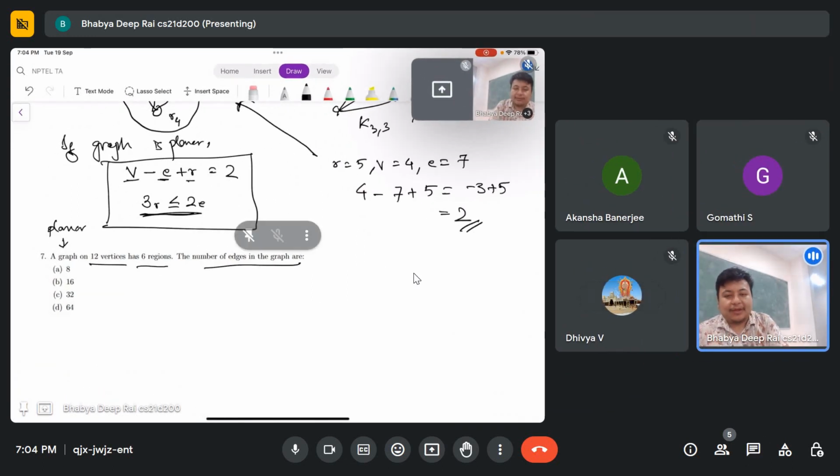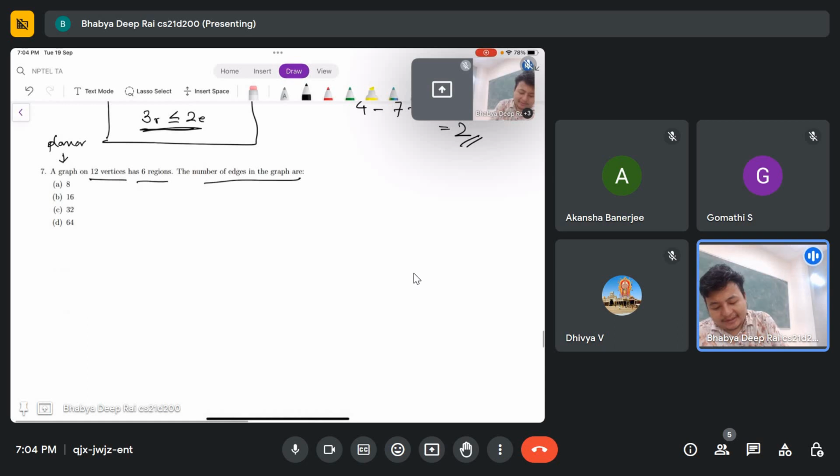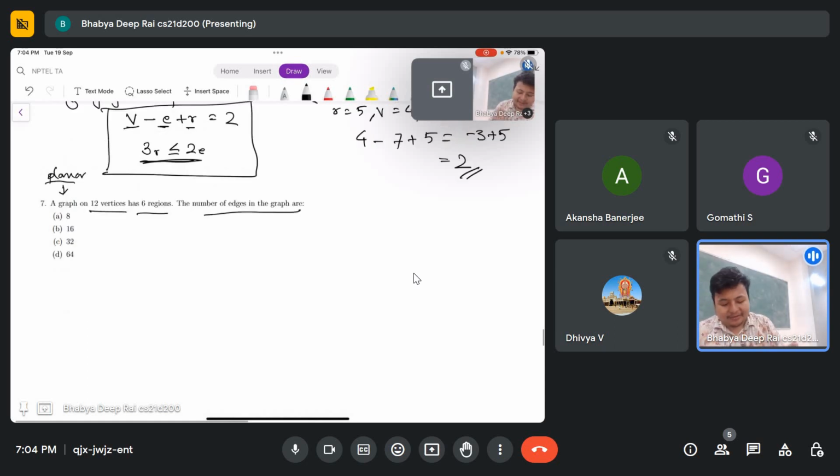Good. The answer is 16. Why? Because we know that the graph is planar, and we know that it has 12 vertices and 6 regions. Then we'll directly use the formula V minus E plus R equals 2, since the graph is planar.